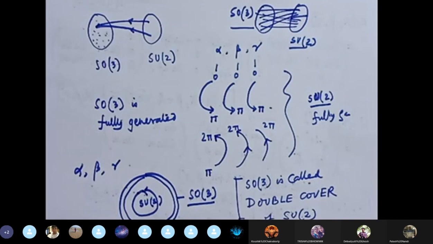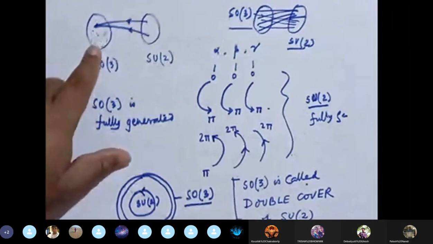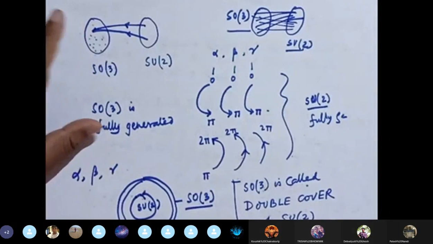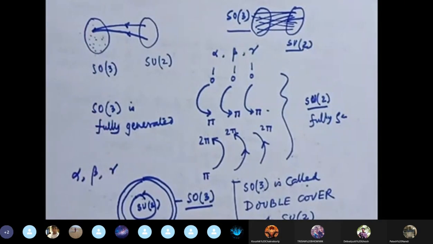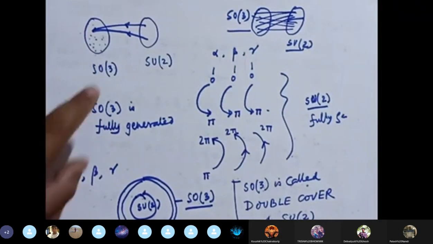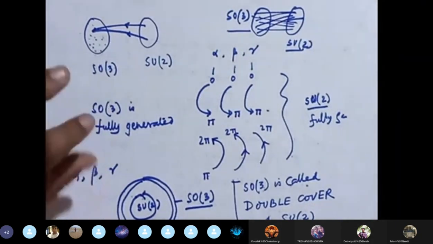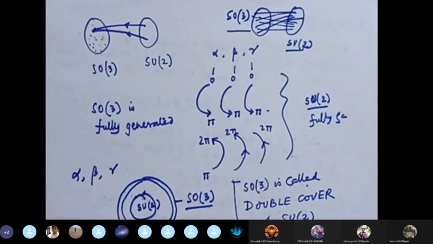In classical mechanics or quantum mechanics, what is the generator of rotation? Angular momentum. So orbital angular momentum in real space rotation. That also satisfies the same Lie algebra, because [Li, Lj] is i epsilon ijk Lk. So SO3 and SU2, though apparently they look different, have the same structure constants.